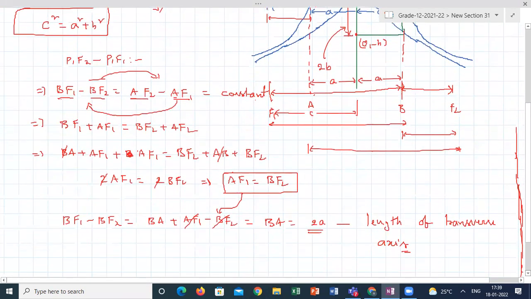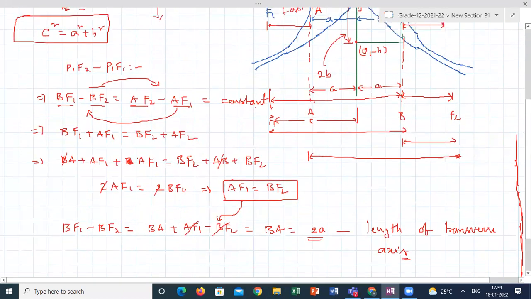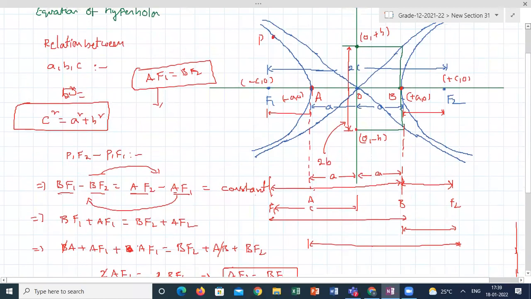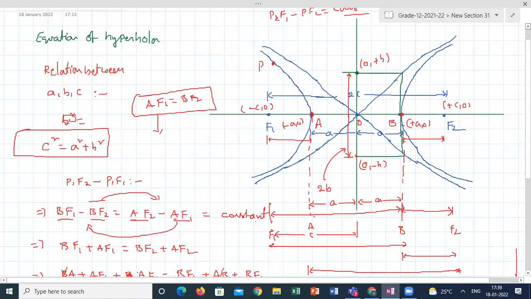Since the hyperbola is on the axis, this becomes the transverse axis. Since the axis is a straight line, wouldn't it be the same? But we can't say the distance is necessarily the same. We can't say AF1 is equal to BF2 always. But in the hyperbola, we have proved it.